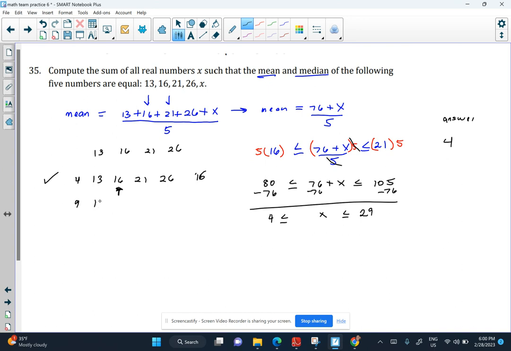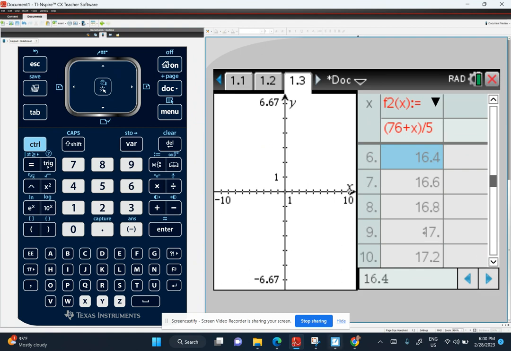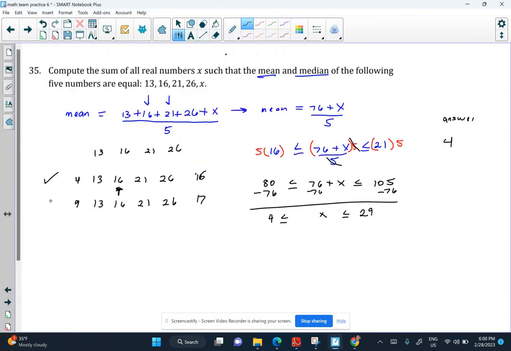So now I'm ordering it with 9, and at 9, my mean was 17. So that didn't work. Okay. And the next one was 14. So I'm ordering it 4, 16, 21, 26.